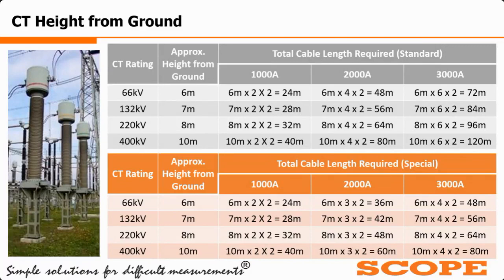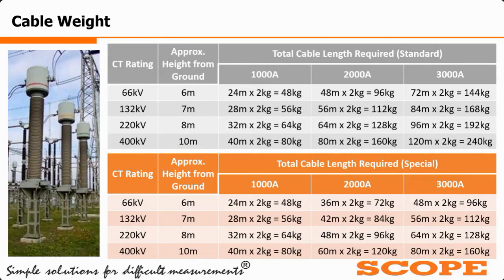So here we have directly reduced the requirement by 40 meter of copper cable. This is one of the important parts, how we can reduce the weight during primary current injection testing. And if we reduce the weight, it will always be beneficial to the user for the testing.